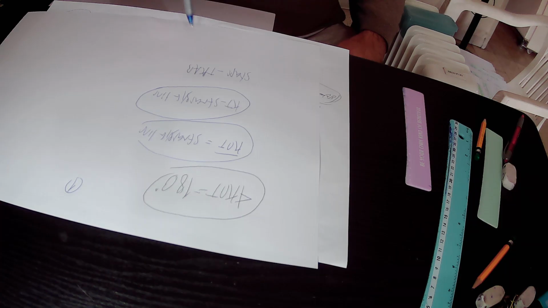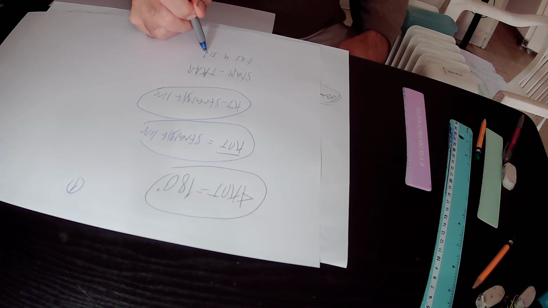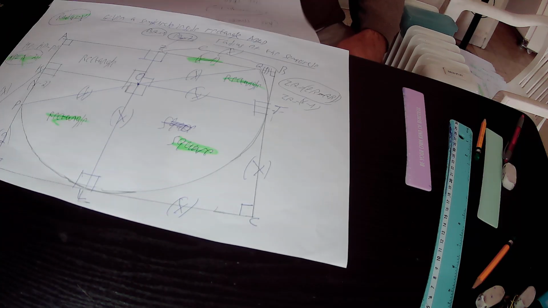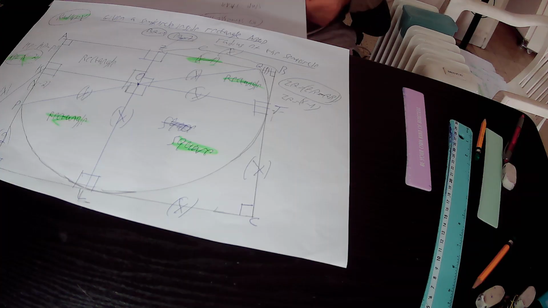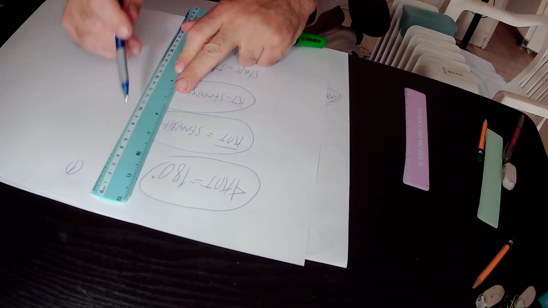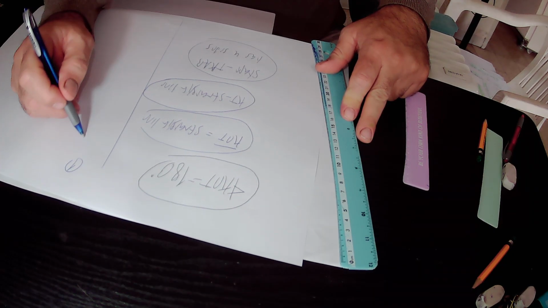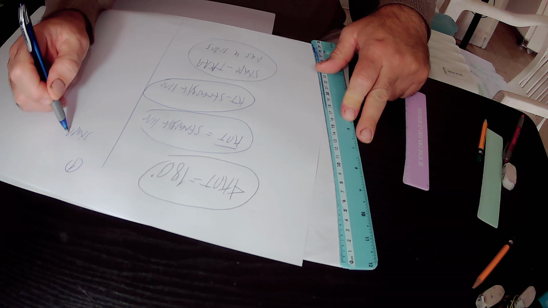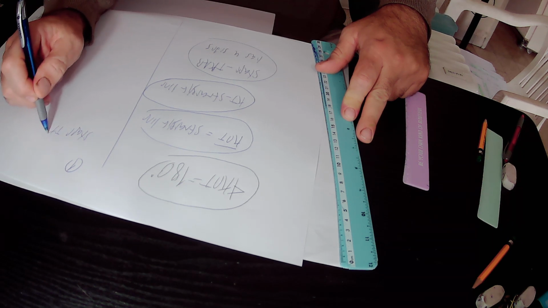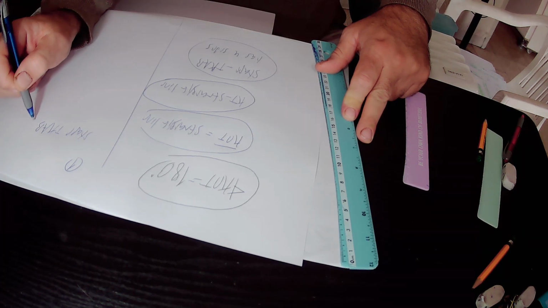Therefore, shape TKAB is a quadrilateral, because it has 4 sides.